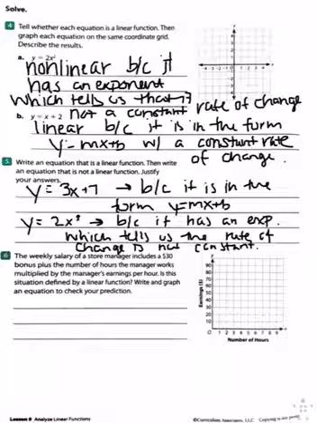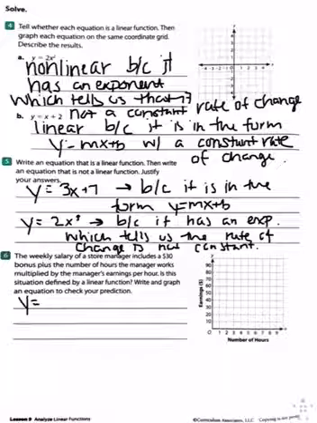Problem number 6. The weekly salary of a store manager includes a $30 bonus plus the number of hours the manager works multiplied by the manager's earnings per hour. Is the situation defined by a linear function? Write and graph an equation to check your prediction. So, if we start solving this problem, our equation would always start off with y equals. It doesn't tell us how much he makes, so we can just go with any estimate.